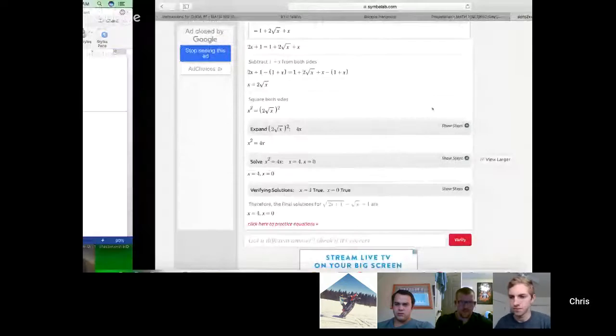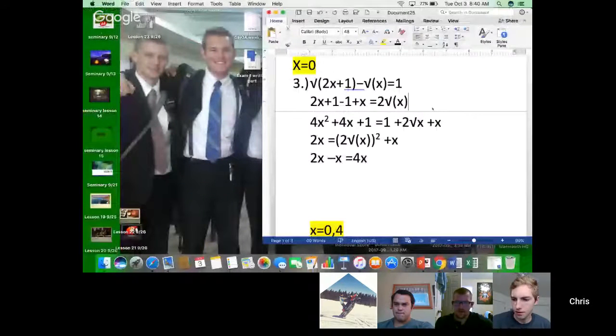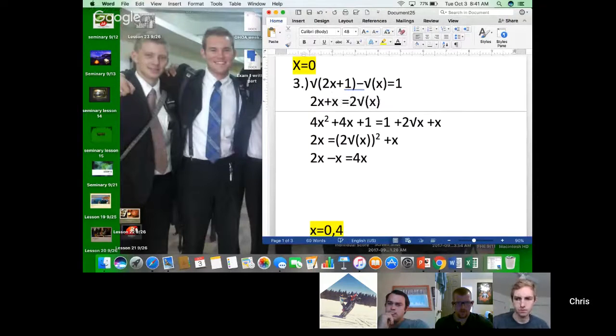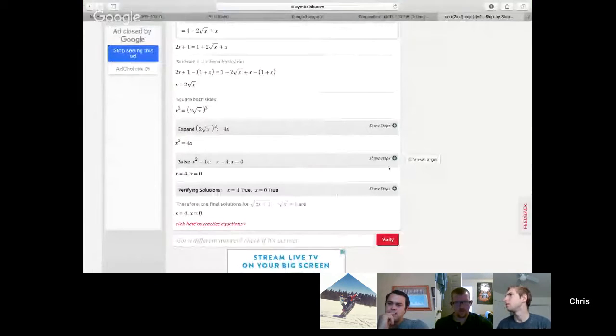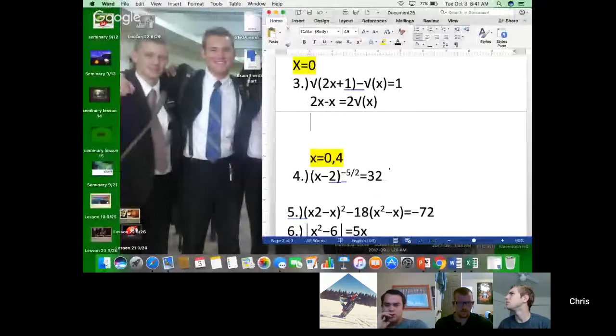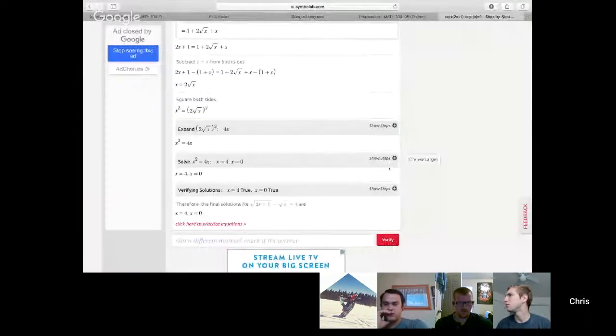So that makes x equal to square root x, basically. It's 2x minus x. Yeah, 2x minus x equals x. But how'd they get x squared? Oh, because they squared both sides to get rid of the square root on that one.